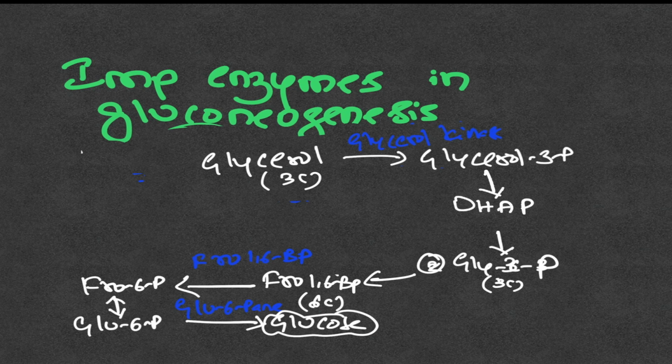So, this will be done by the enzyme glycerol 3 phosphate dehydrogenase. I already explained this reaction needs NAD plus to continue. So, we have 2 molecules of glycerol converted to 2 molecules of glycerol 3 phosphate becoming 2 molecules of dihydroxyacetone phosphate. In that, 1 molecule of dihydroxyacetone phosphate is converted to glyceraldehyde 3 phosphate.